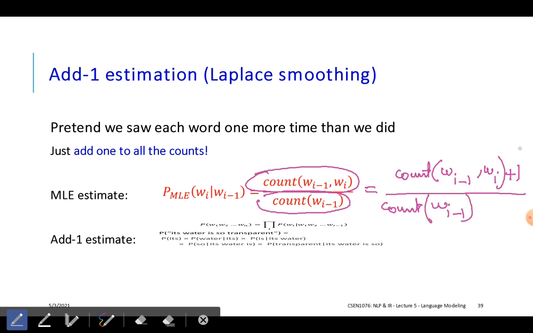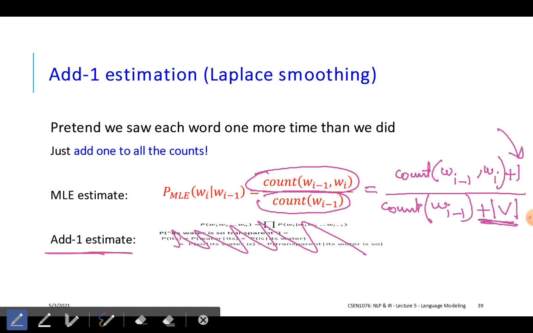And in order to account for the fact that we have added 1 to each count, we will add the count of the vocabulary. Because since we have added 1 to each word in the vocabulary, we essentially add the size of the vocabulary here at the end. Now let's forget about this. This is a full rendering of the equations on this application.